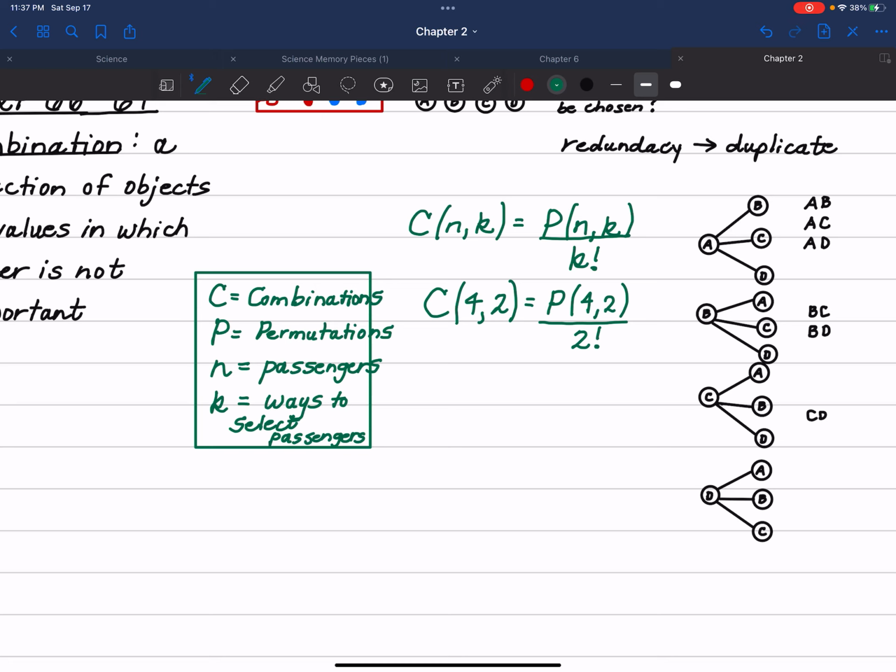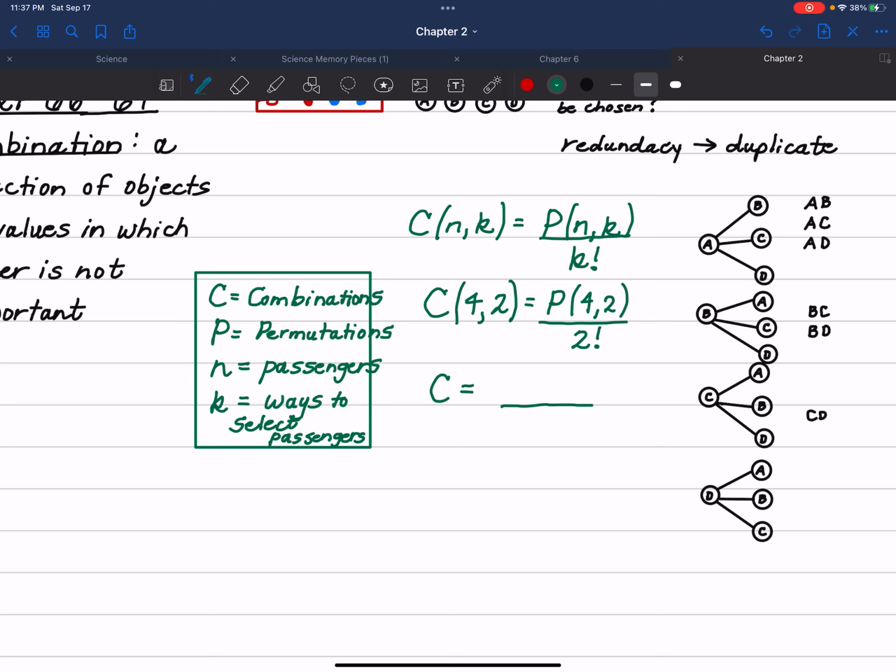Order doesn't matter. So we are not going to have to worry about who gets on first, who gets on second. We're just going to do this according to the formula. So the combinations will be, and I'm going to use my calculator to get the permutation of 4 and 2.